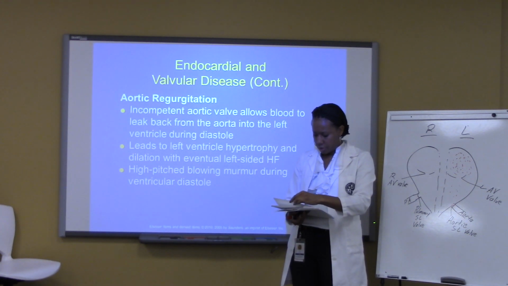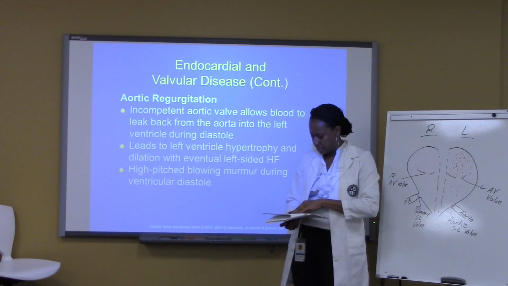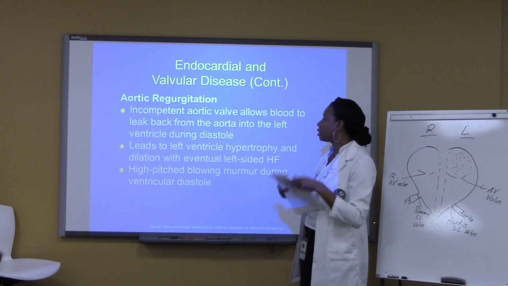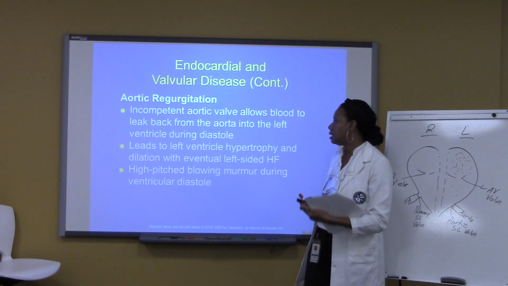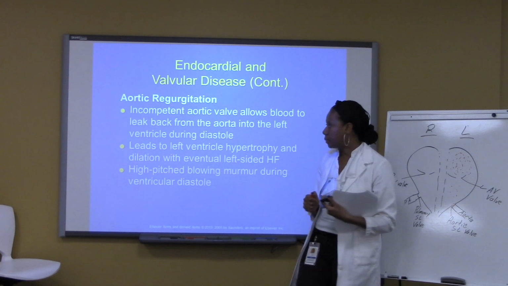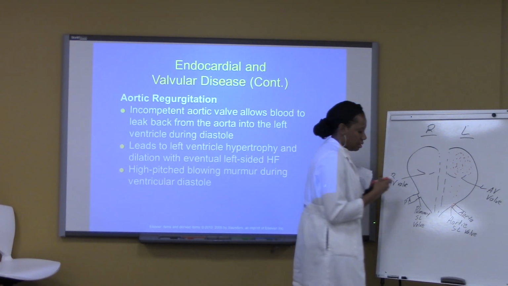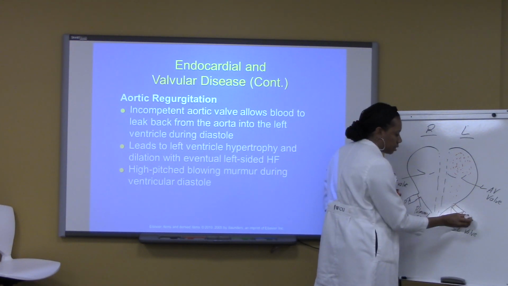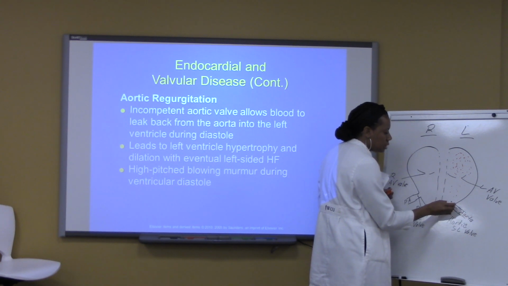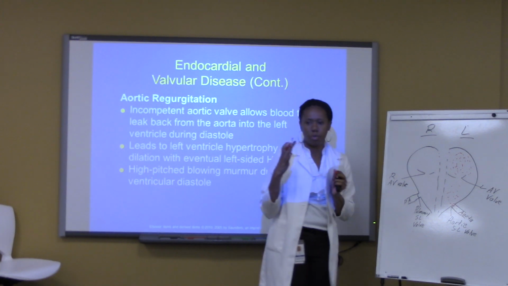And then aortic regurgitation. This is when the aortic valves do not close all the way and they're incompetent. The blood that's in the aorta leaks back into the left ventricle, because those valves are stuck open.